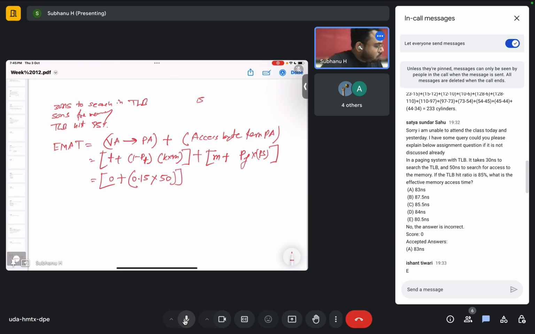Now we have m plus, so m is 50 plus f into pt into ps.